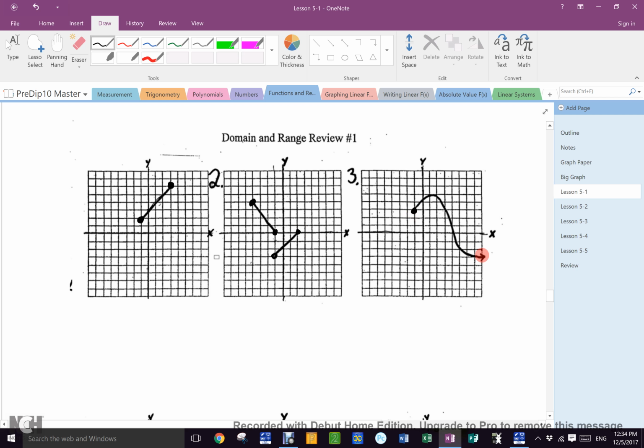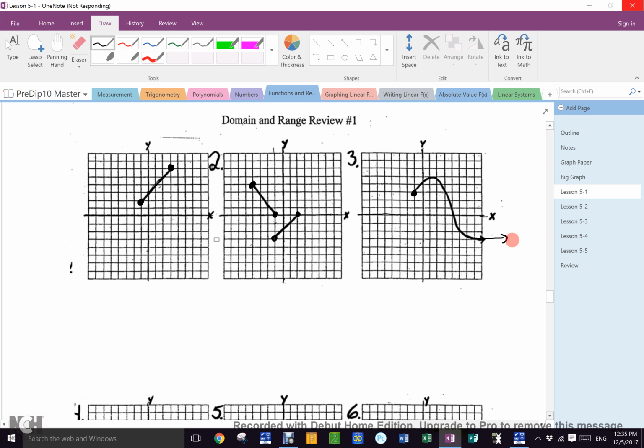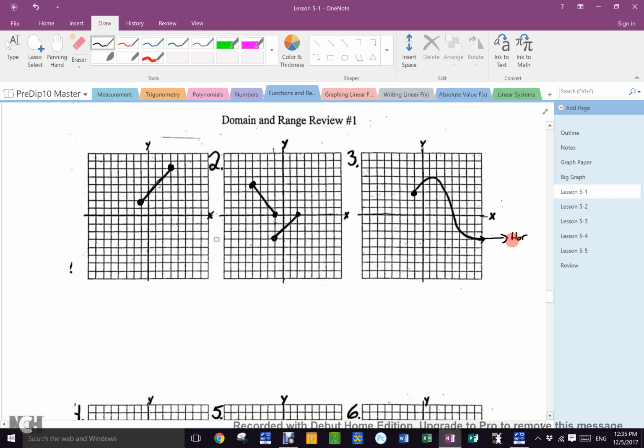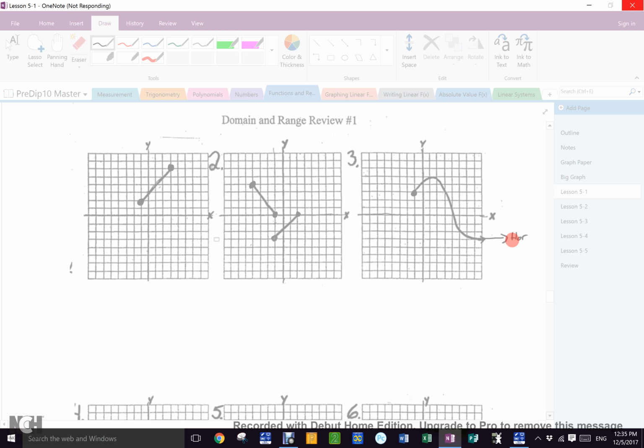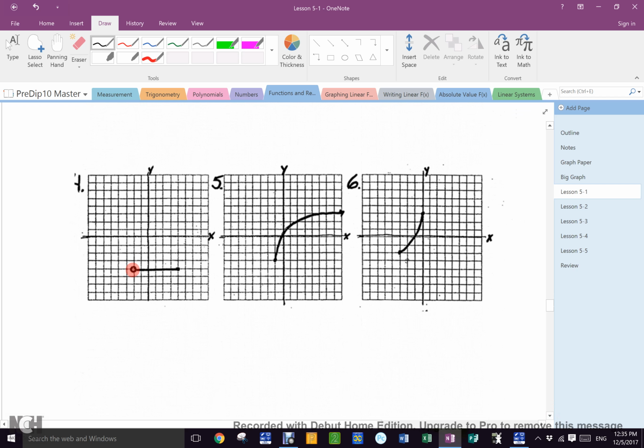Closed dot. Now that arrow, everybody, I get in a big fight every year. I am saying that arrow flattens out there. It goes horizontal, but it continues. That is plainly visible on my machine as an open dot.